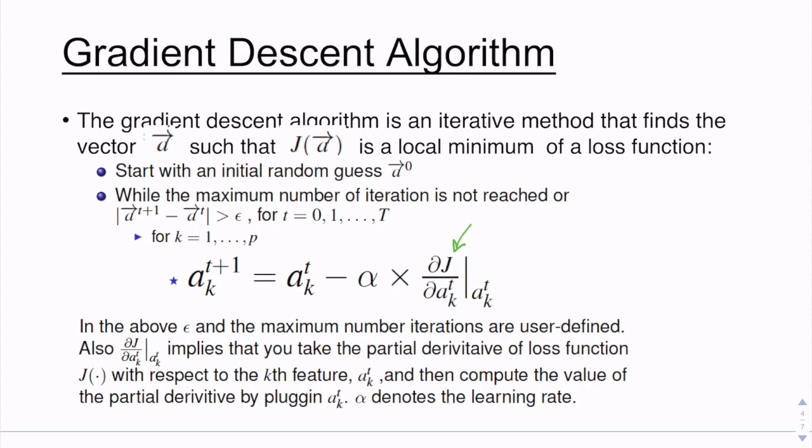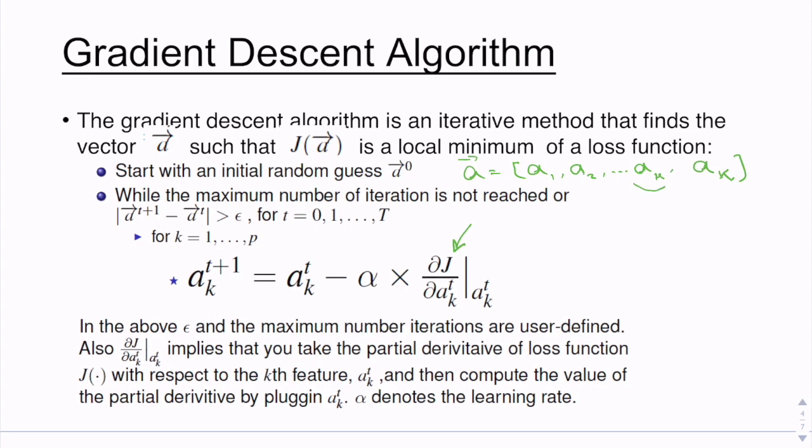We know that A is a vector of the parameters: parameter 1, parameter 2, all the way to parameter k. These values are scalars. Okay, so we need to find all these parameters.